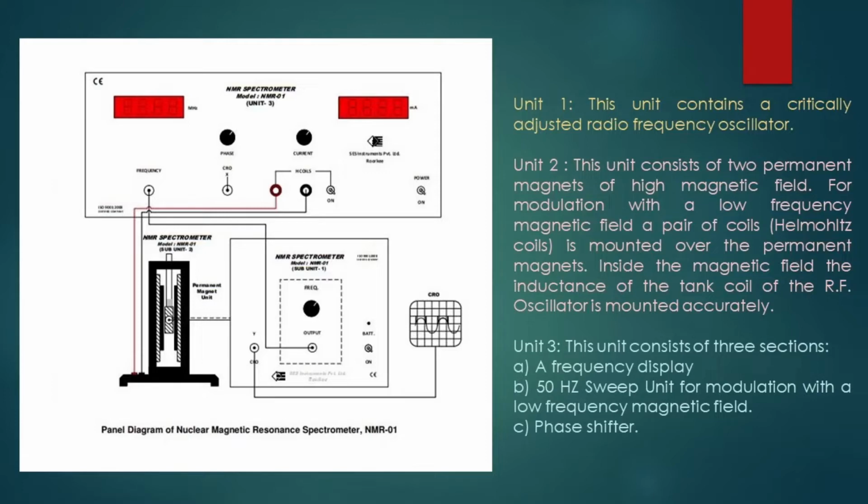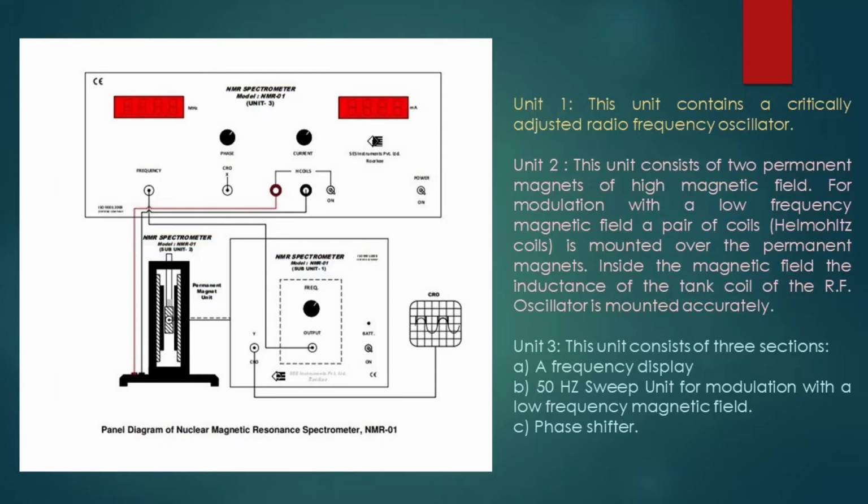There are 3 units in this instrument. In unit 1, a radio oscillator is there. The frequency can be adjusted with high sensitivity. In unit 2, 2 permanent magnets are placed.